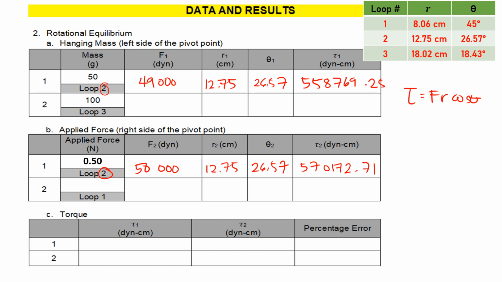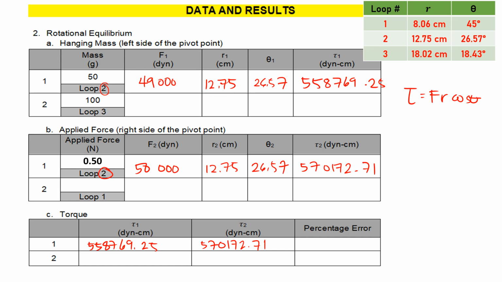Now I'm just going to copy on the third table. This is 558,769.25, and then the torque 2 is 570,172.71. Now let's compute for the percentage error.